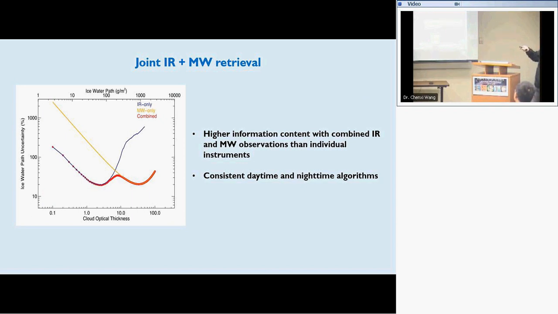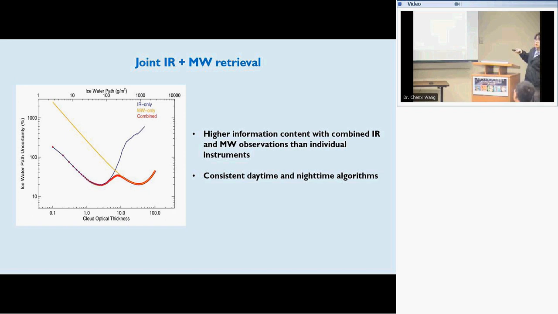Here's the uncertainty in terms of IWP as a function of cloud optical thickness. If you use infrared-only retrieval, which is the blue curve, you have more uncertainty if the cloud optical thickness is low, and the uncertainty gets larger and larger when you have thicker clouds. Microwave is different.